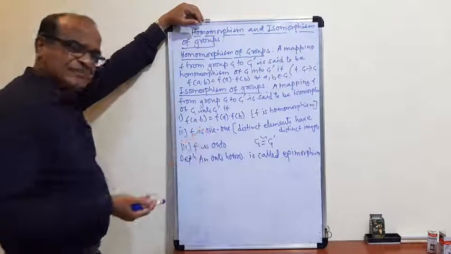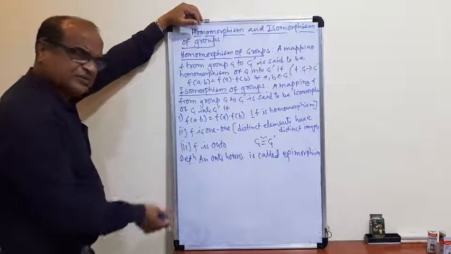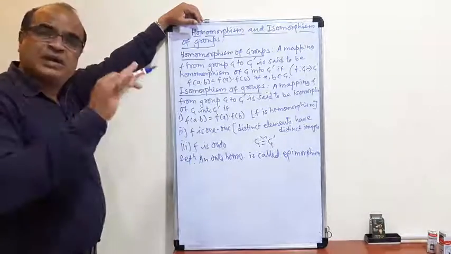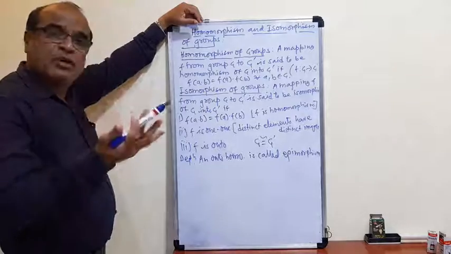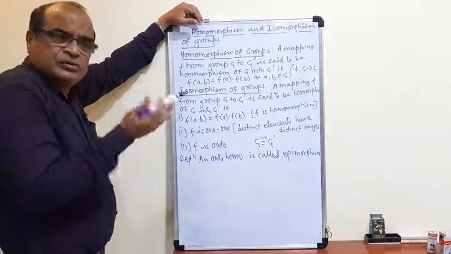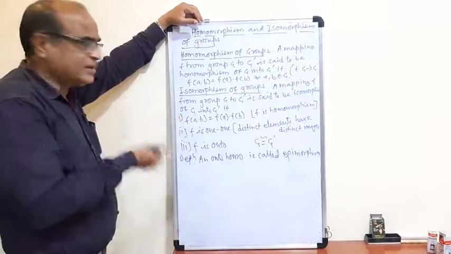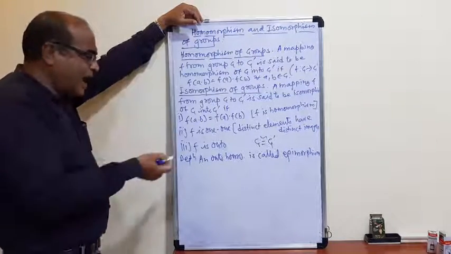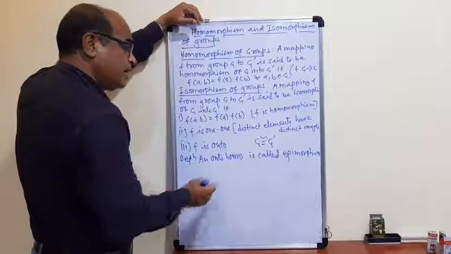So this is just the definition. There are so many definitions. You know what an onto function is, what a one-to-one function is, what a homomorphism is. So you know the basic definitions. We already studied them. Then we define an onto homomorphism as an epimorphism.